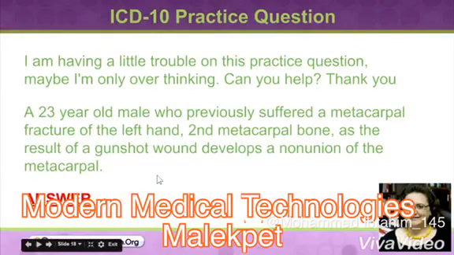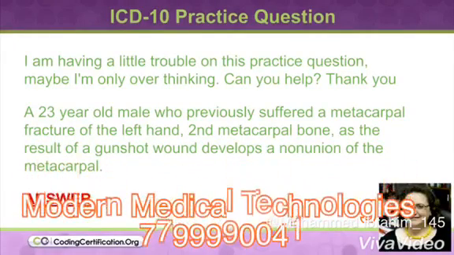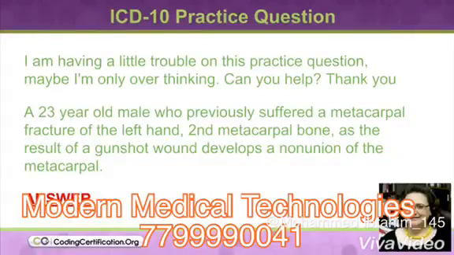Now, I see that someone asked, would there be an E-code? In ICD-10, there are E-codes, but they're not the E-codes as we know them in ICD-9. They actually still have codes like E-codes, but they're in the Z section.